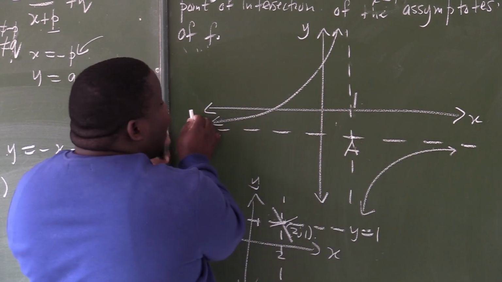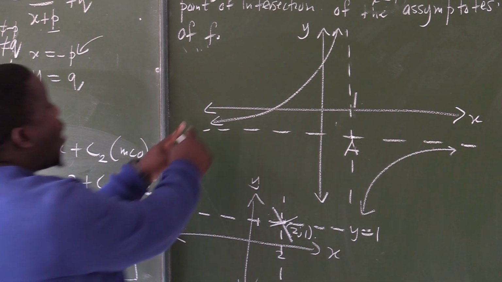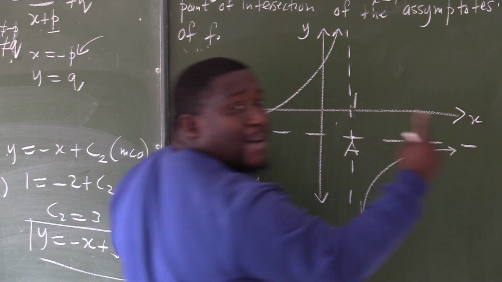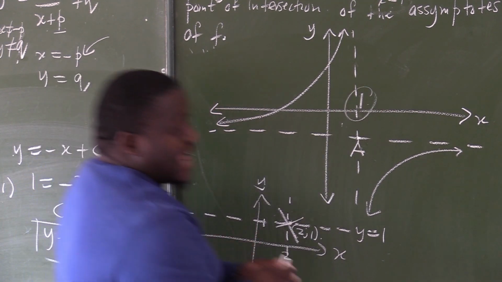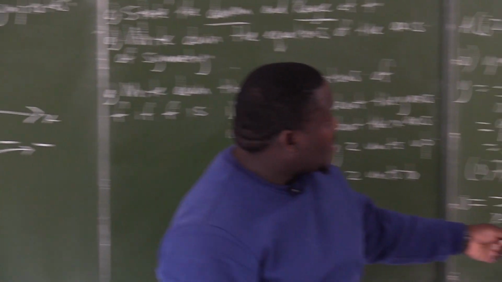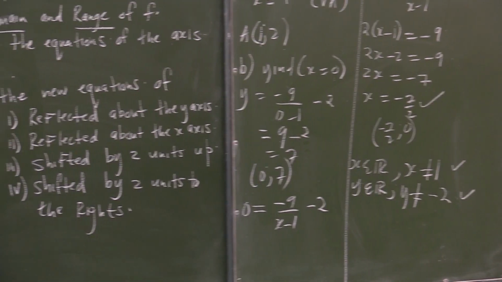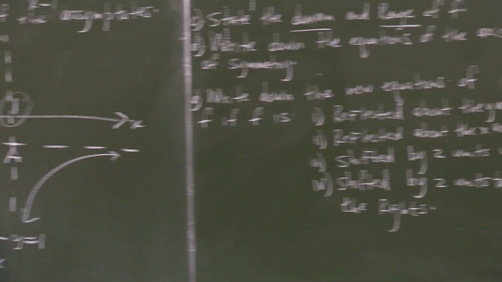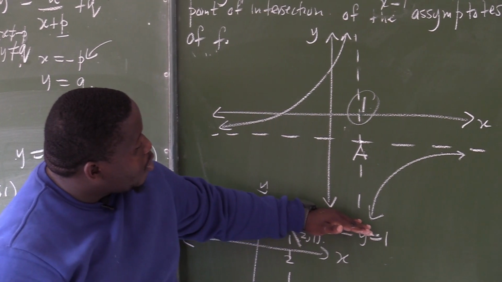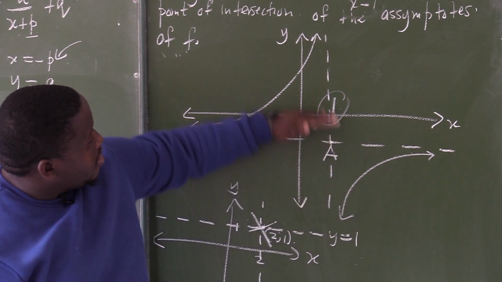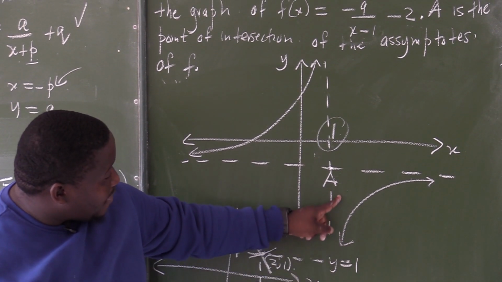We state the domain as the set of all values of x where this graph exists. Hence, we are saying x is an element of real numbers, but x is not equal to 1. But in range again, you focus on y, so now move vertically. You must move, and you see when you move vertically, the graph is there. The graph is there, and moving up, the graph is there.